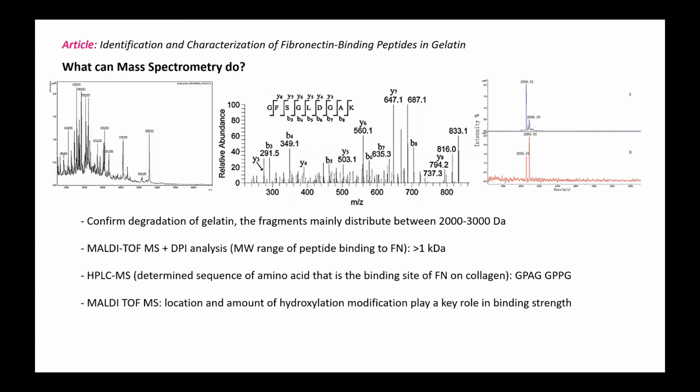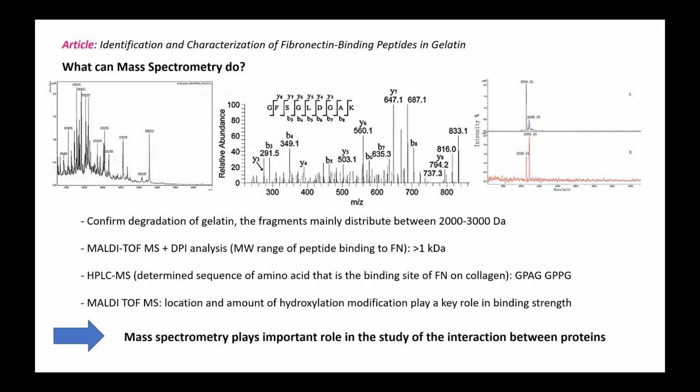The FN binding properties of the synthesized peptides were determined by MALDI-TOF MS. For the first peptide, hydroxylation of P14 and P15 is necessary for FN binding. Thus, FN binding properties are proline hydroxylation dependent. In conclusion, mass spectrometry plays an important role in the study of interactions between proteins.